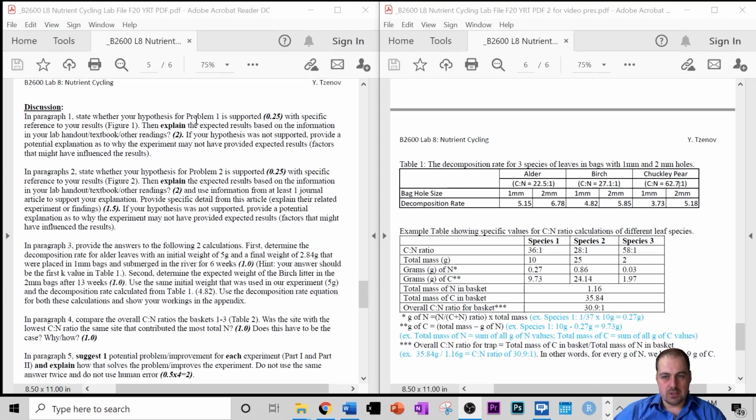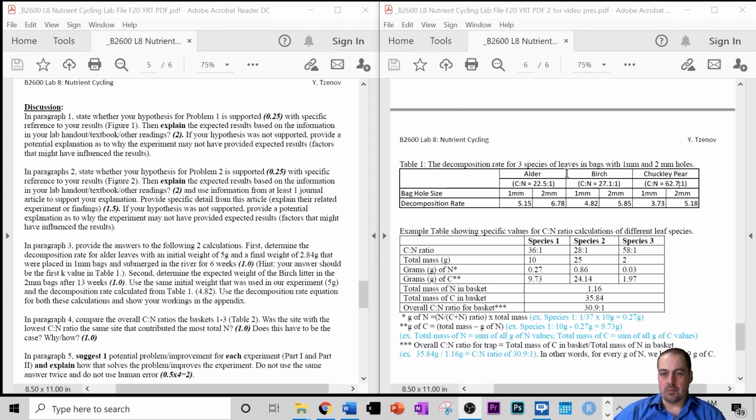So in terms of explaining it, the whole purpose of the different size holes here is that they're going to limit the type of inverts that can actually make their way into the bag to get at the leaves that they eat and therefore break down.